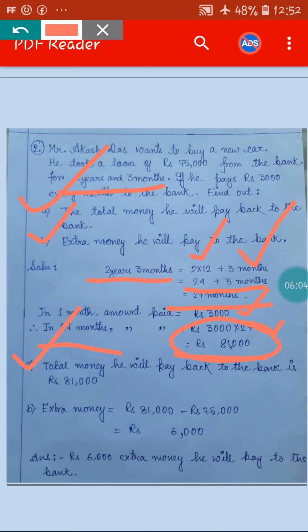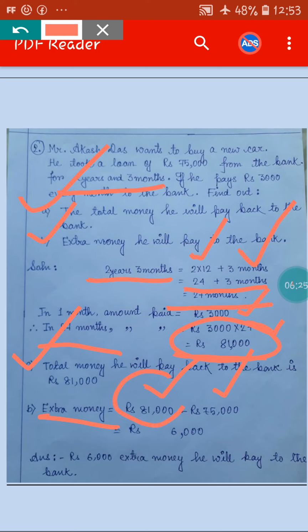What is the second question? The second question is the extra money he will pay to the bank. And what is the extra money? Extra money equals to rupees 81,000 subtract rupees 75,000. Why are we subtracting 75,000 from 81,000?